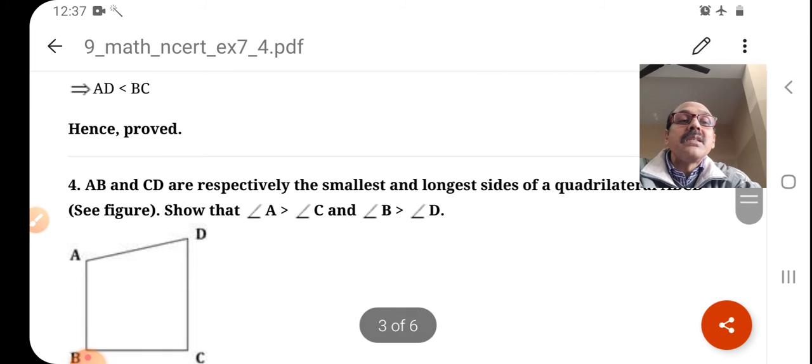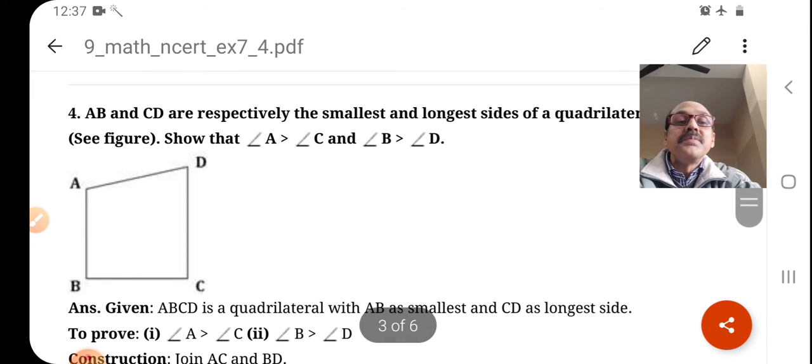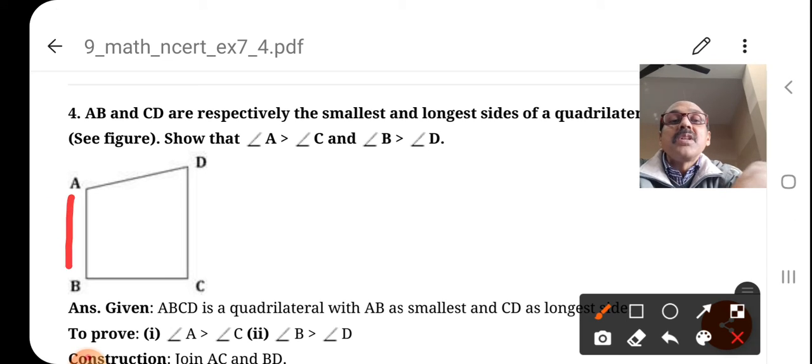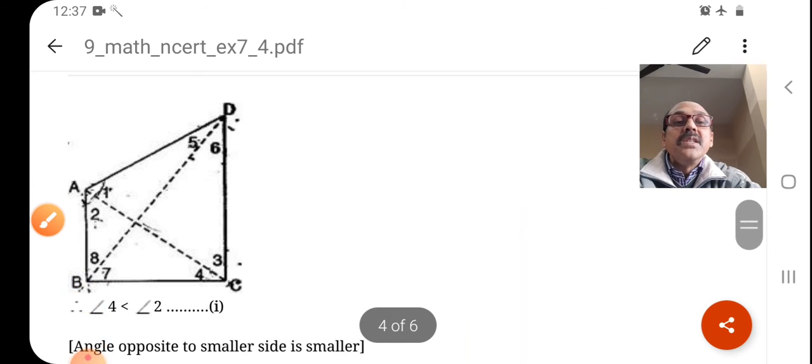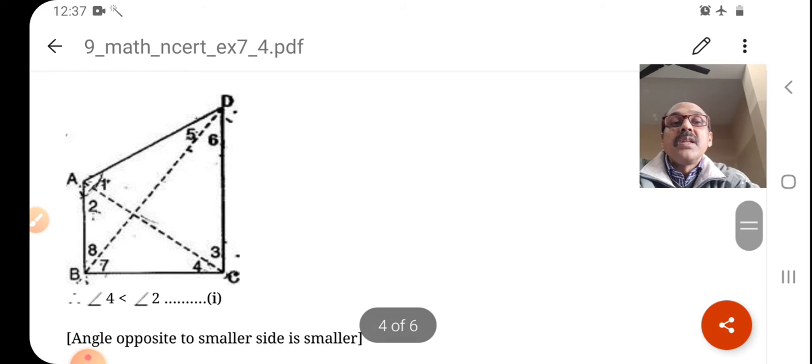Show that angle A is greater than angle C and angle B is greater than angle D. AB is the smallest side and CD is the longest side, these two are given. For construction, join AC and BD.